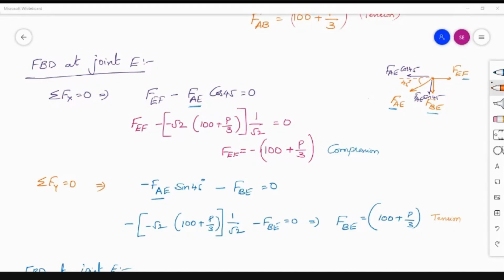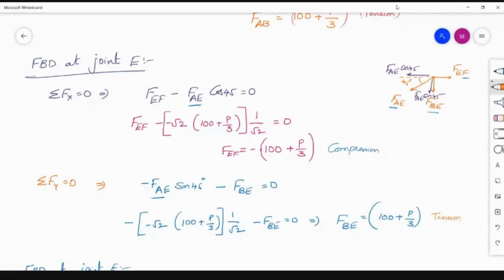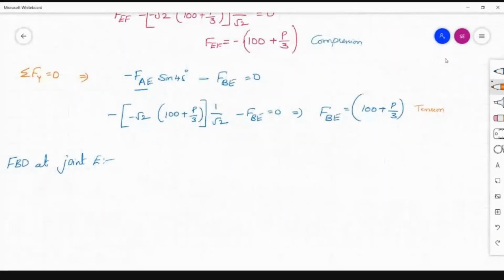Yes, okay. Now let us move to joint B. After writing the free body diagrams at the joint A as well as at the joint E, now free body diagram at joint B. Here, how many forces are there here?